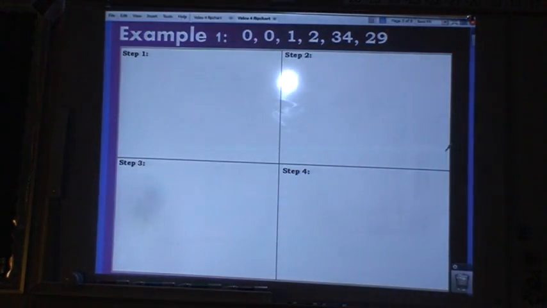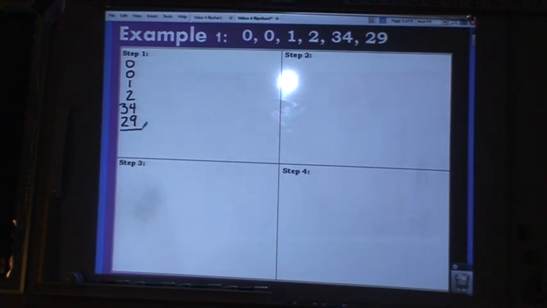Here's an example. We're going to start off with a little bit of an easier example. First, we're going to do the first step. The first step is to find the mean of our data set. So we're going to do that by adding these numbers. 0 plus 0 plus 1 plus 2 plus 34 plus 29.